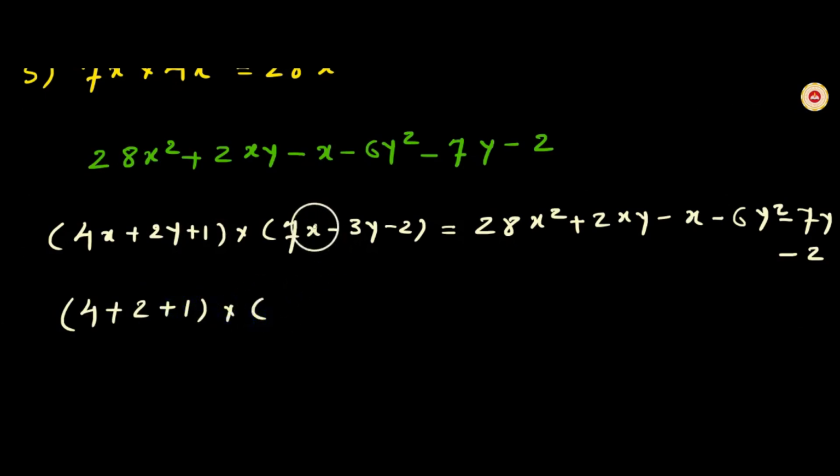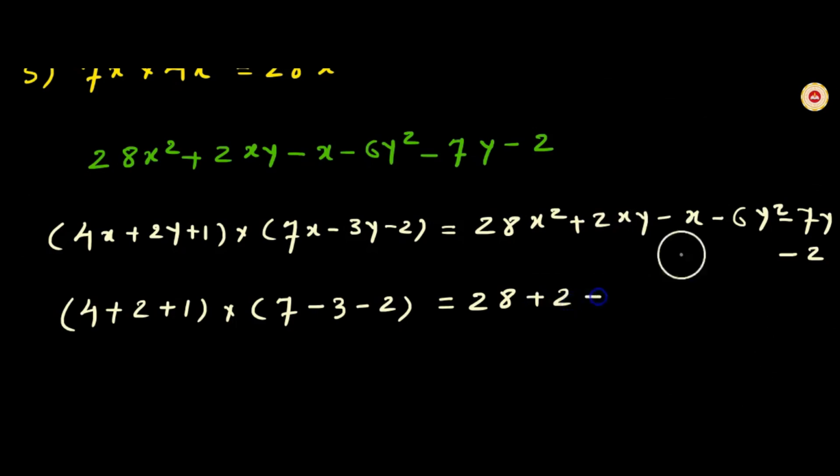Multiplied by the first term, coefficient of the first term is 7, minus 3, minus the constant term 2, which should be equal to the coefficient of x squared 28 plus coefficient of xy 2 minus coefficient of x 1 minus coefficient of y squared 6 minus coefficient of y 7 and constant term minus 2.